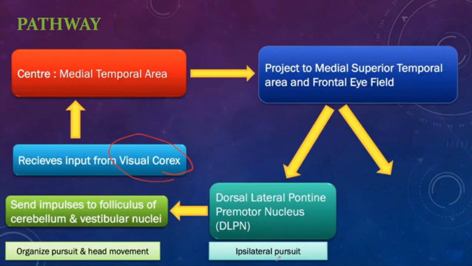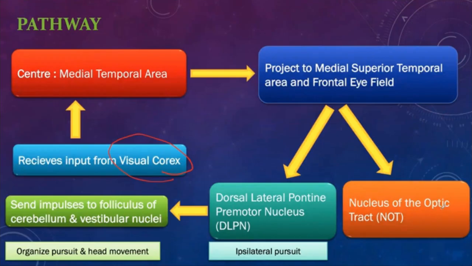So let's say, for example, that the object of interest is out of your visual field now, and you need to turn your head in order to be able to catch it. So the dorsolateral pontine premotor nucleus will send impulses to centers that are concerned with the head position and the equilibrium present in the cerebellum and the vestibular nuclei in order to move your head and neck muscles.